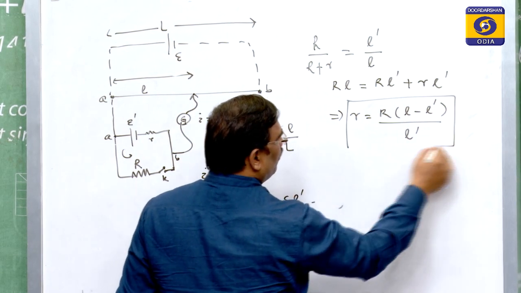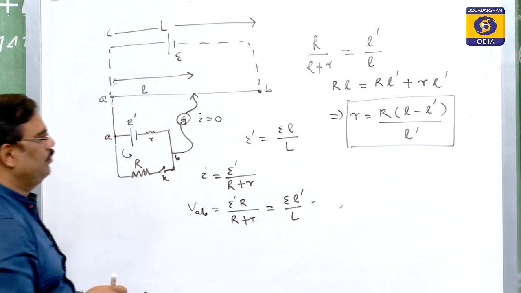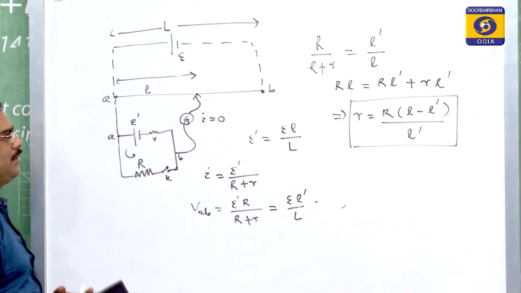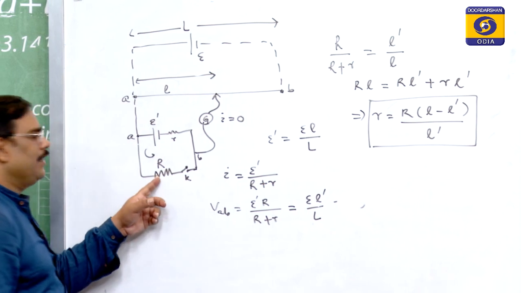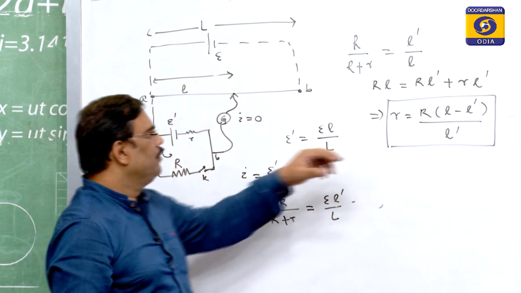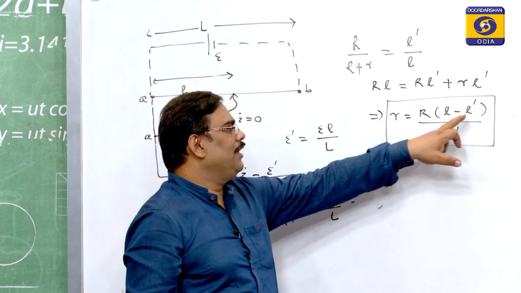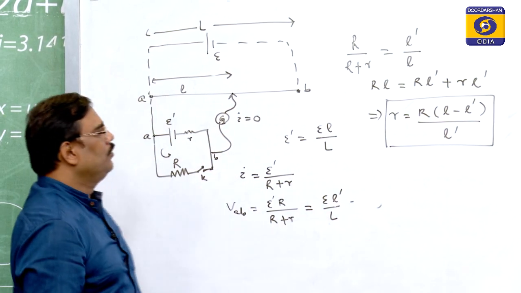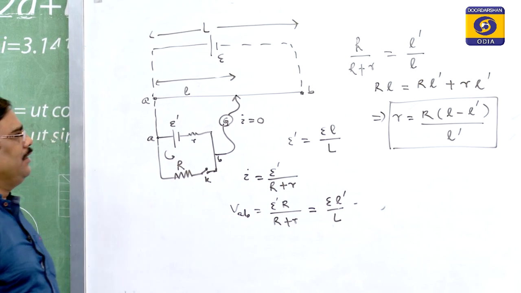In this way we can find out the internal resistance of a battery by connecting another resistance R in parallel. R is known, L is known, L dash is known. So, we can calculate the value of internal resistance.